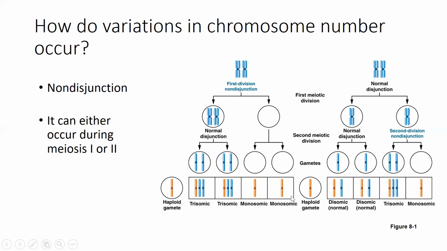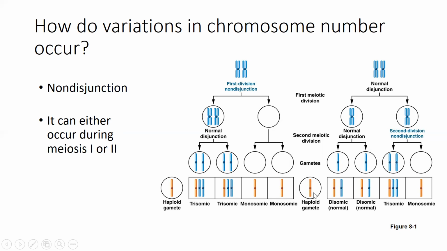So in this figure here, when it's the first division and it ends up with non-disjunction, one cell ends up with no chromosomes here, and the other ends up monosomic when it comes to pairing with another genome, right?